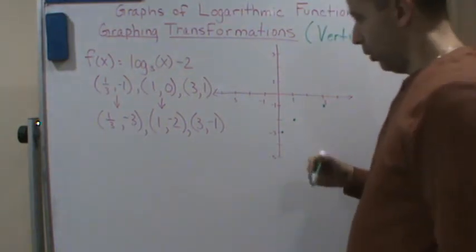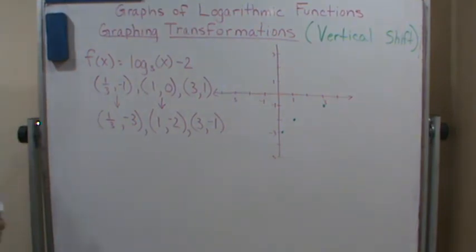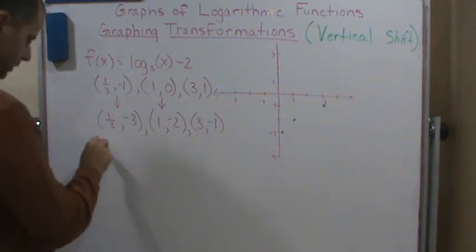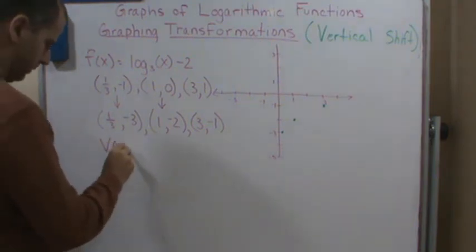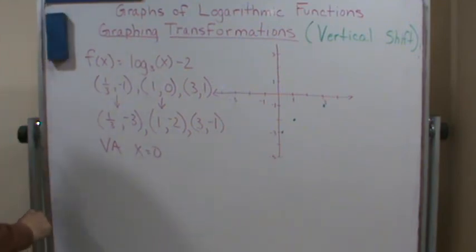Now, what do I know? Since it's a vertical shift, the domain doesn't change, the range doesn't change, and the asymptote doesn't change. So I know the vertical asymptote is still at x equals 0.